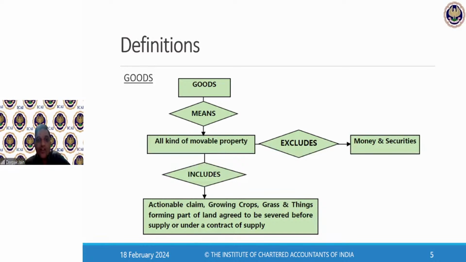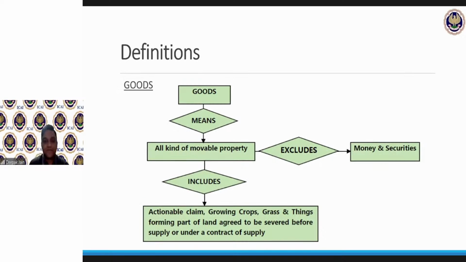It just says any growing crops, the grass and things forming part of the land which is agreed to be severed before supply, wherein you had agreed to sever it, meaning cut it, then it will become goods, not otherwise. Grass and crops after cutting also are goods, but only if you have agreed to be severed before supply.